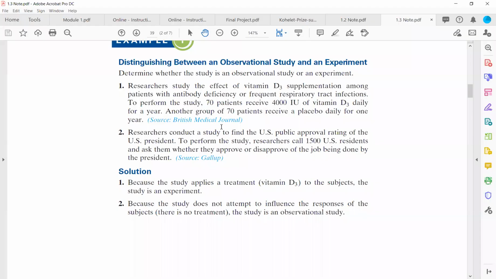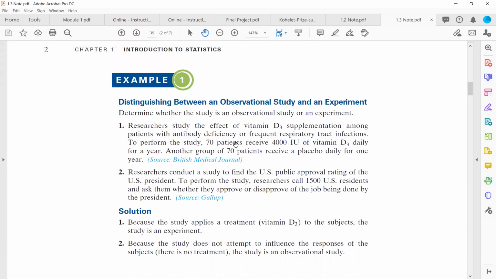Let us take a look at two examples. Determine whether the study is an observational study or an experimental study. The first one says, researchers studied the effect of vitamin D3 supplementation among patients with antibody deficiency or frequent respiratory tract infections. To perform the study, 70 patients received 4,000 IU of vitamin D3 daily for a year.